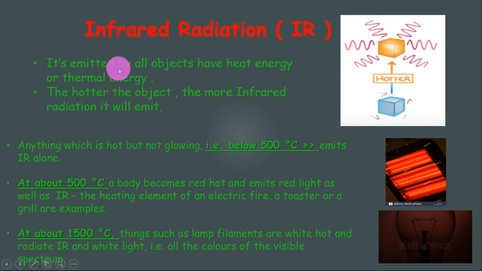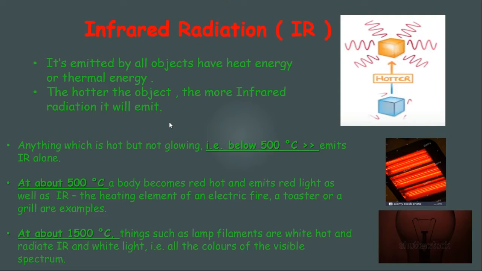It's emitted by all objects having heat energy or thermal energy. The hotter the object, the more infrared radiation it will emit. Do you remember in thermal physics, we talked about radiation, right? I told you at that moment that all objects are emitting infrared radiation.